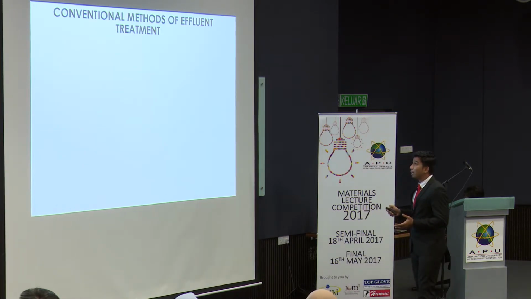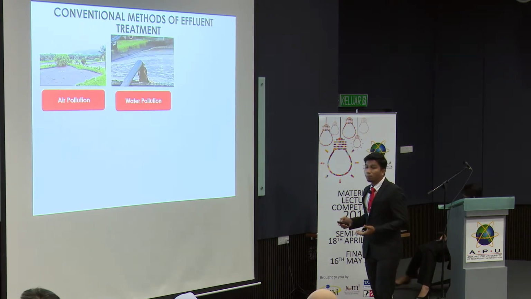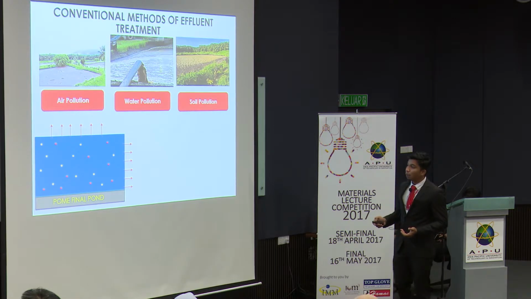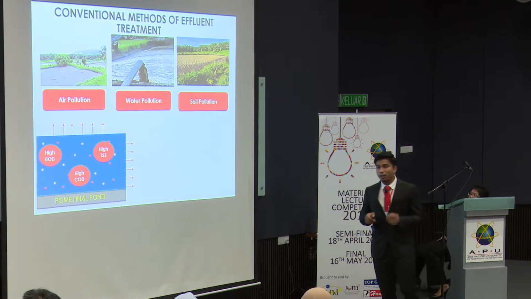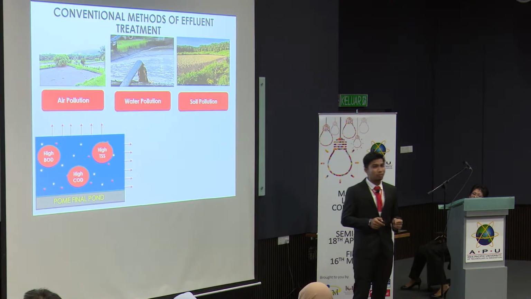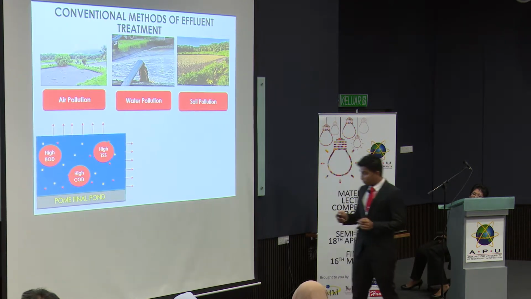Furthermore, the conventional method of effluent treatment may cause air pollution, water pollution, and soil pollution. As for the air pollution, the anaerobic process that occurs inside the POME will release methane gas to the atmosphere, and this methane gas has 21 times the global warming potential compared to other gases.